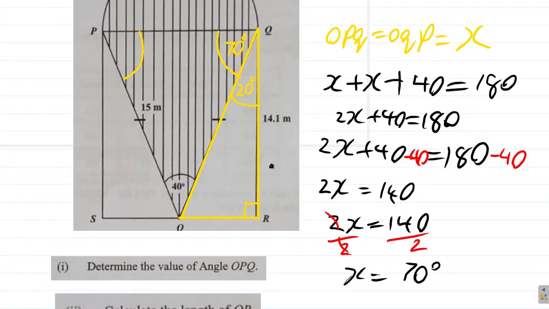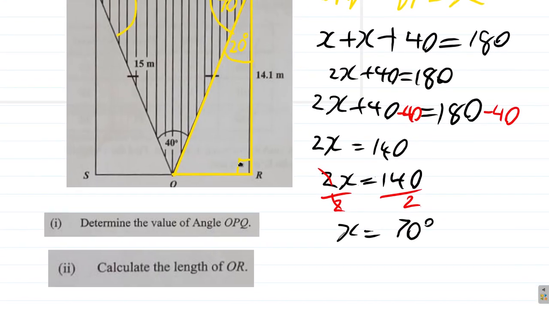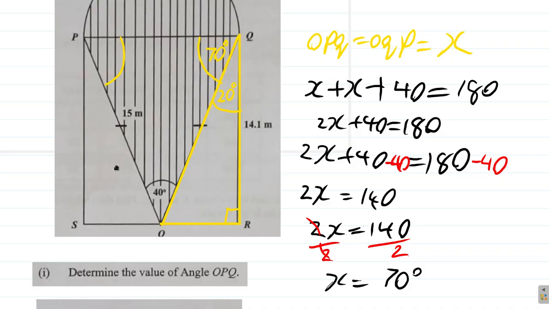Now here we have RQ is 14.1 meters. See that? So we can find our OR. Now looking at this, we have this angle at the top of the triangle, the side OR at the bottom, so they are on opposite sides. We have the adjacent side to the 20.